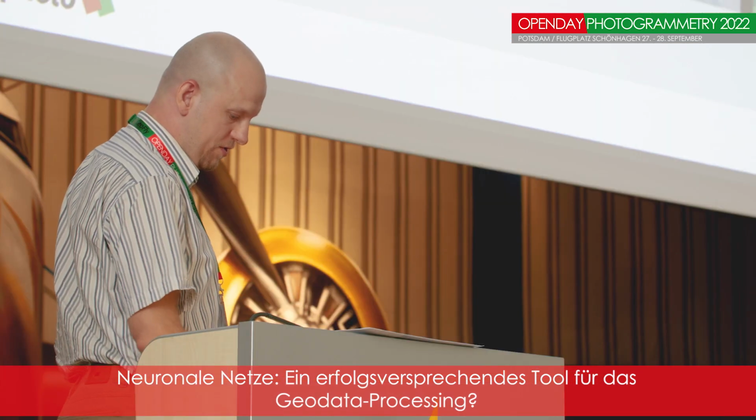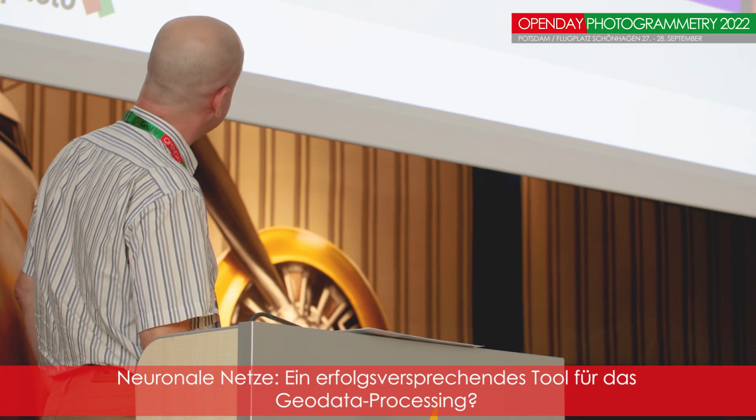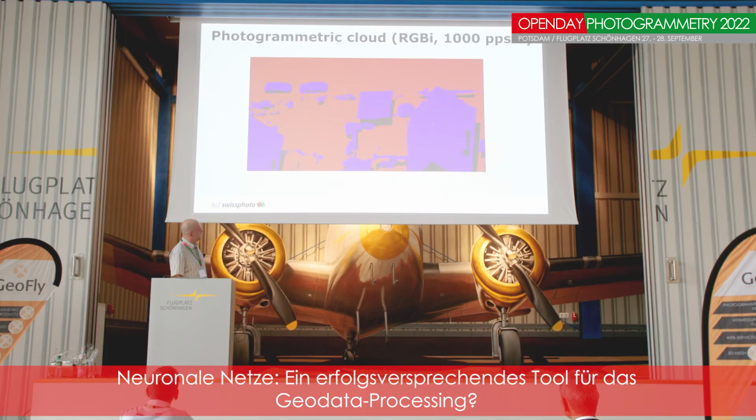But we don't have so many features, only 4 of them. As a result, we get the following classification. It's only binary, ground and non-ground, but we can see that ground is red, and all cars, all roofs, all bushes, all fences are blue, which means they are non-ground.